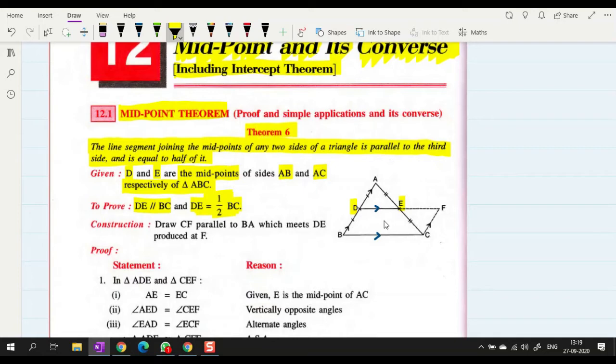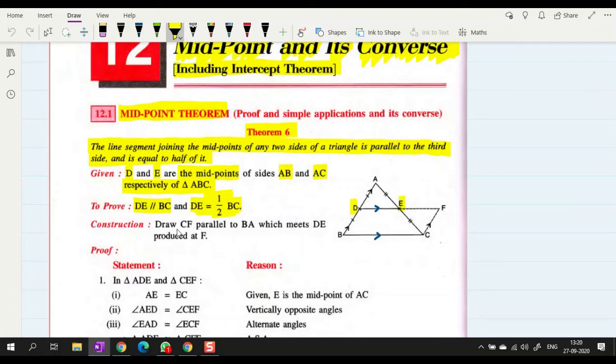The line segment joining the midpoints of any two sides of a triangle is parallel to the third side and is equal to half of it. In this, first we have to do a construction. For proving this, we need to do a construction. So you must remember this construction. If you don't remember the construction, you cannot prove it.